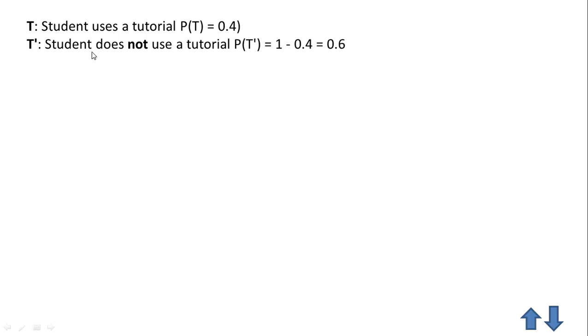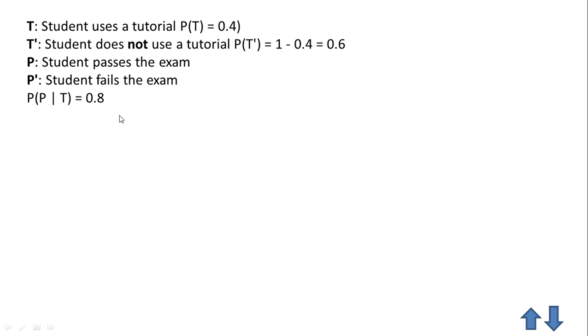Then the probability of not using tutorial, T prime, is 0.6. That will be 1, the total probability, minus 0.4, it is 0.6. P, the probability of passing the exam. P prime, probability of failing the exam.